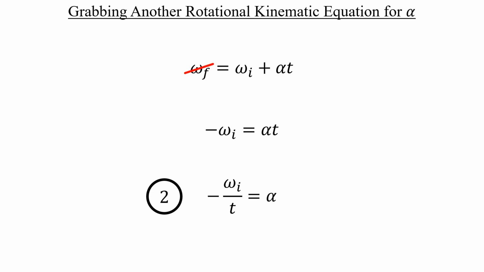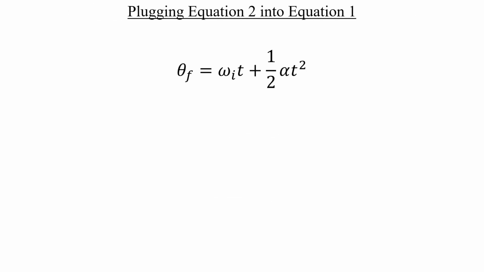The plan is to plug equation number 2 back into equation number 1 and eliminate alpha. Then we can focus on the other unknown, which is time. Let's go back to what equation number 1 looked like, and we can insert what we just found.